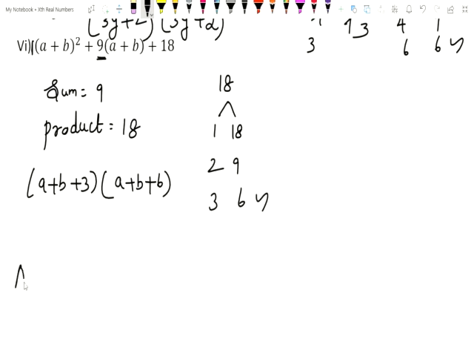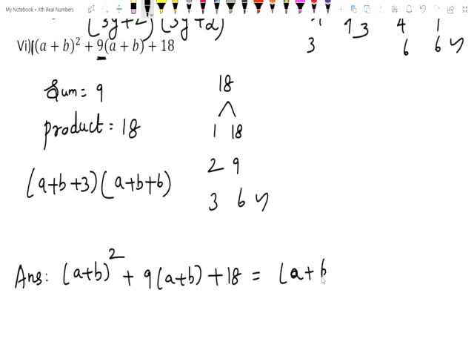So what is the answer, children? (a plus b) the whole square plus 9 into (a plus b) plus 18 equal to (a plus b plus 3) into (a plus b plus 6).